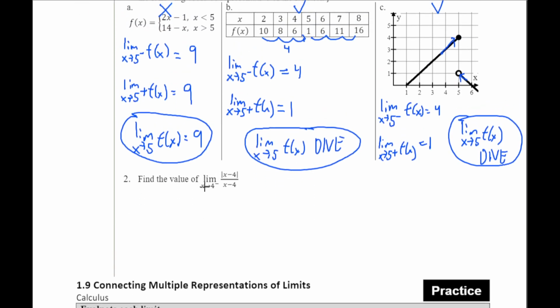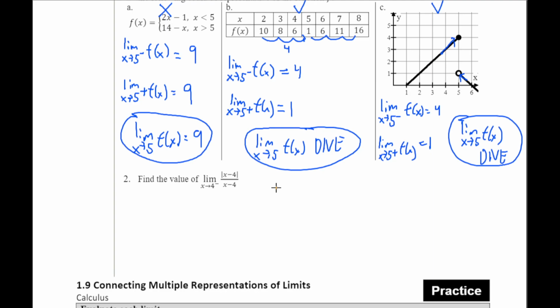So second one here before your practice. Find the value of the limit as x approaches 4 from the left of the absolute value of x minus 4 over x minus 4. For these questions, the easiest thing you could do is plug in a value that's a little tinier than 4.